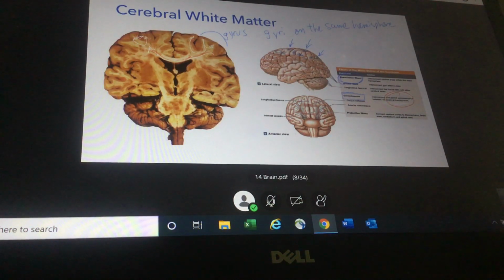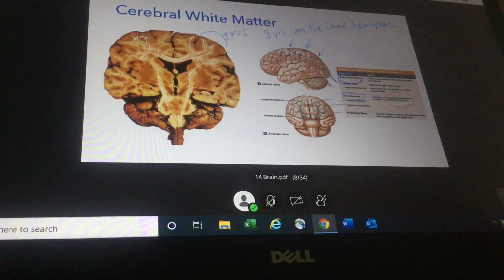The projection fibers are fibers that will go from one part of the cortex all the way down to the spinal cord, or they will come from the spinal cord up to the cortex. So projection fibers connect the cerebral cortex to parts of the nervous system outside of the cerebrum, so to speak.